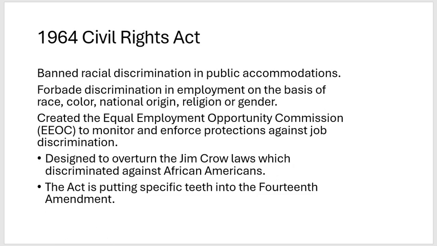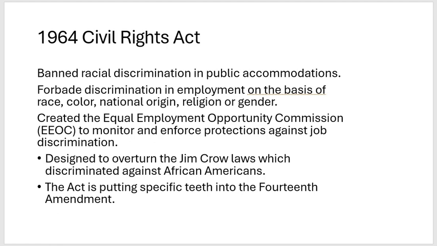And that had a number of beneficial, positive impacts, particularly for life for African Americans and eventually for all races. So it banned racial discrimination in public accommodations. So hotels couldn't discriminate just because they're not the government. So in housing as well. It forbade discrimination in employment on the basis of race, color, national origin, religion, or gender.